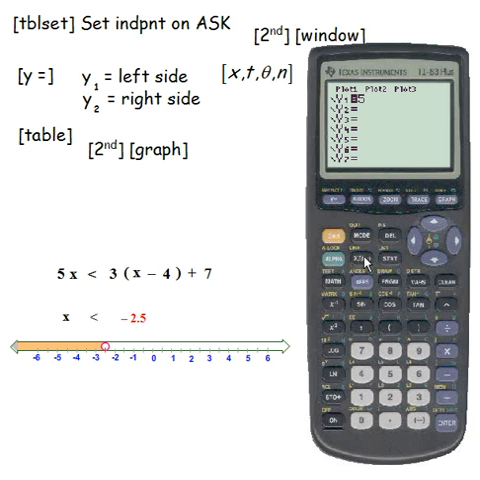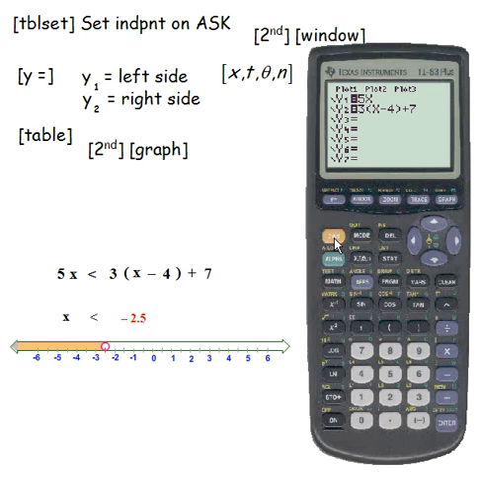All right, so I'll hit that, and you can only use x, and that's all I have on the left side of the inequality symbol. On the right side of it, I'm going to put that for y2. I have 3 open parentheses x minus 4 close parentheses plus 7.